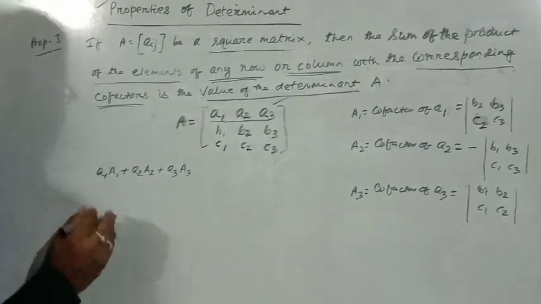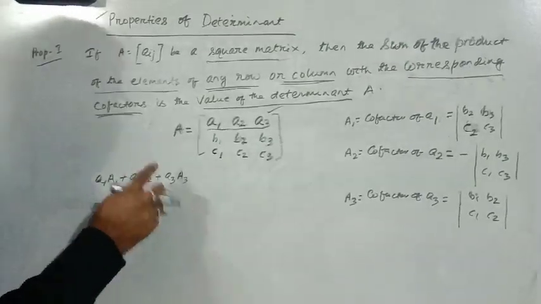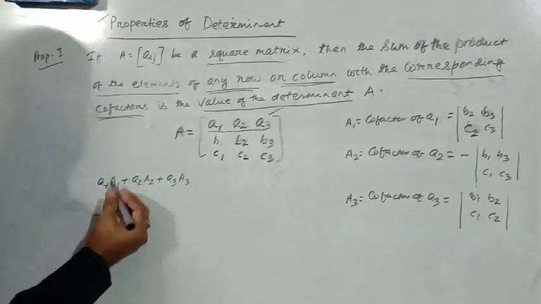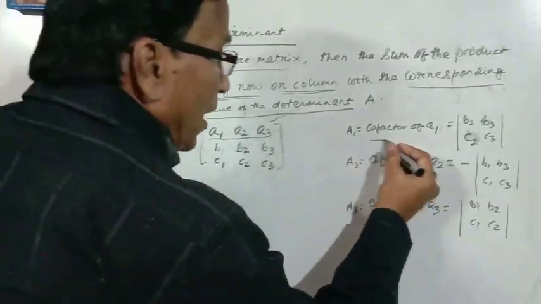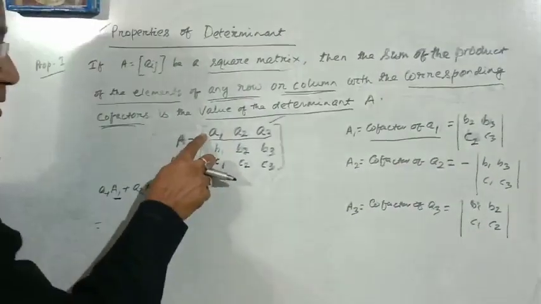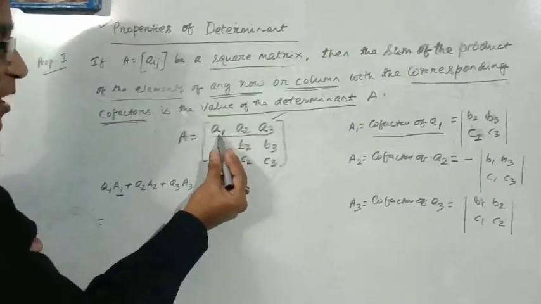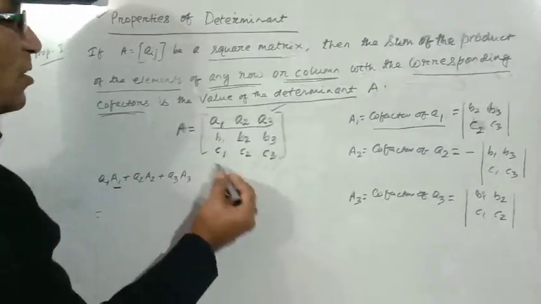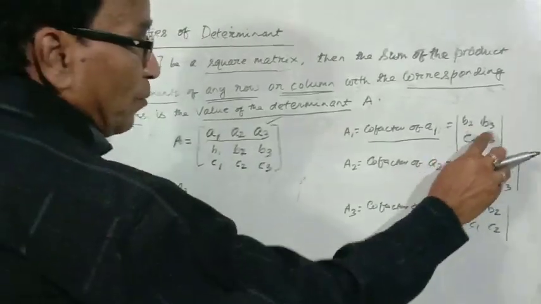So we will find out the exact value of a1 A1 plus a2 A2 plus a3 A3. Here capital A1 is the cofactor of a1. So for its cofactor, you have to omit the first row and first column. So it is the determinant of b2, b3, c2, c3.